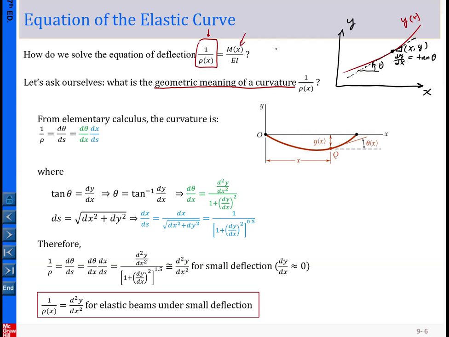Now with the introduction of theta, I can talk about the curvature. The definition of the curvature is simply the change of theta along the curve, described by this equation. One more time, the curvature by definition is simply the change of theta along the curve. Keep this in mind.